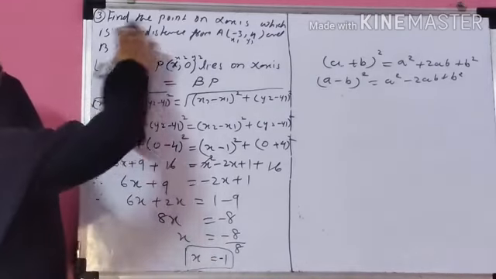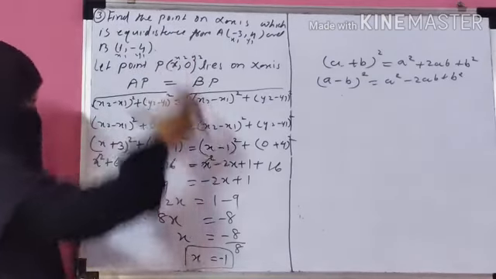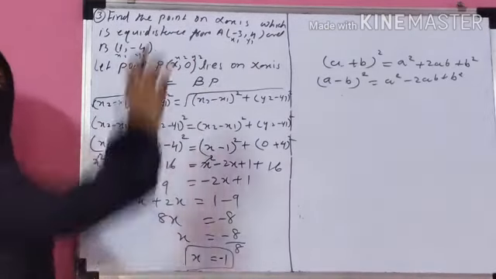So the point on the x-axis is (minus 1, 0).